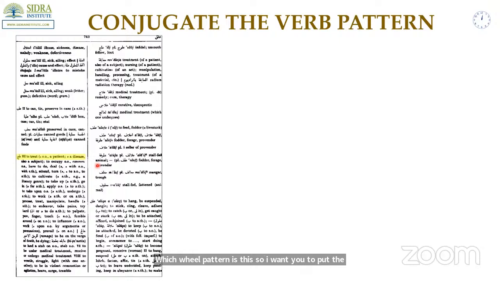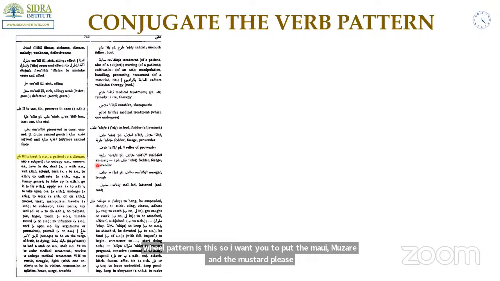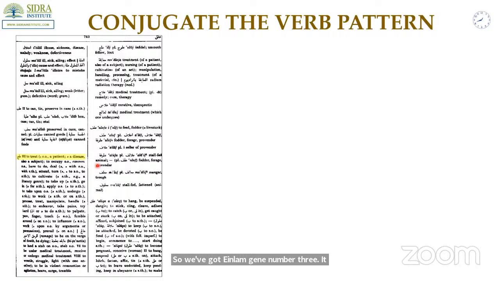So we got Ain, Lam, Jim, number 3. It means to treat someone, meaning a patient, or you can treat a disease like coronavirus. Remember, the key thing is it's number 3.